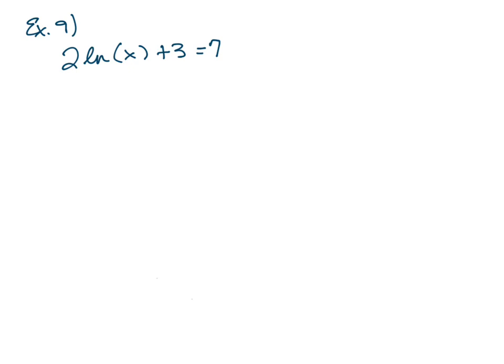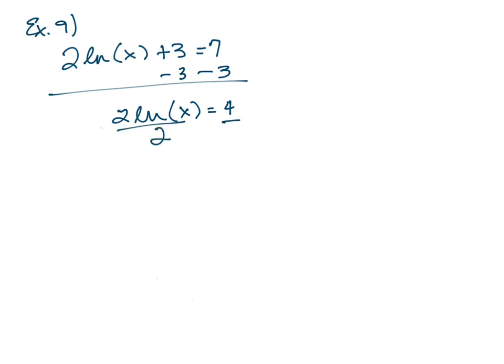Move the 3. 2 natural log of x is 4. Divide by 2, she said. We agree? Divide by 2. Natural log of x equals 2. How do I solve for x?